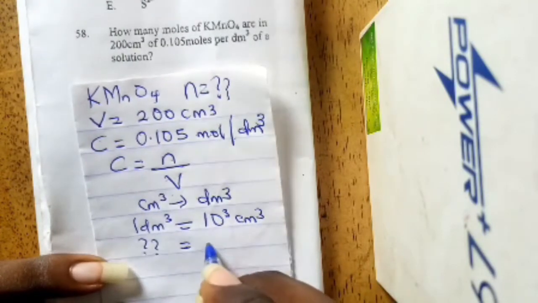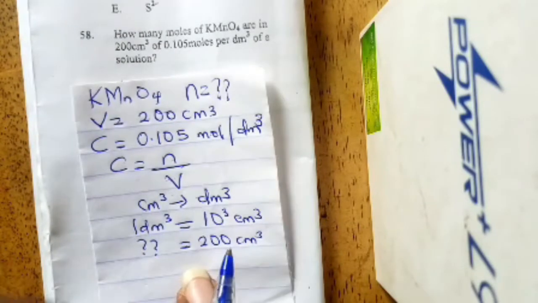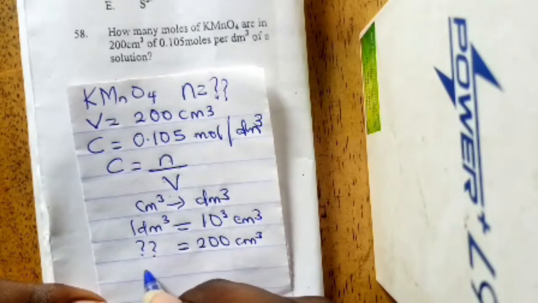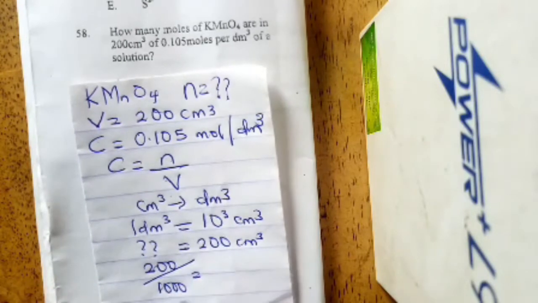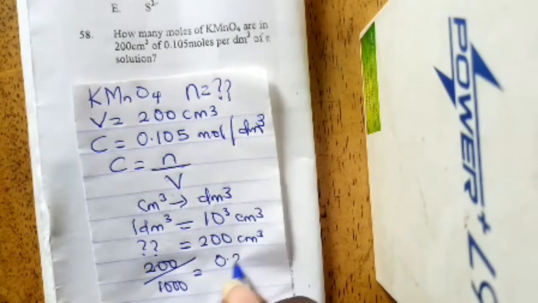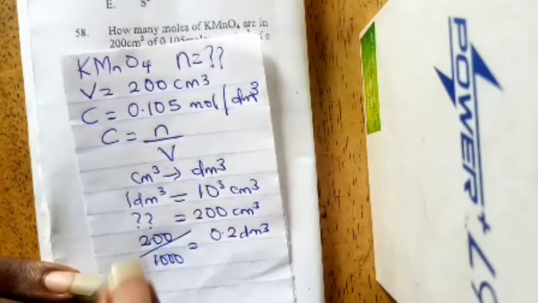So how many dm cube will give us 200 cm cube? That will just be 200 over 1000, which gives us 0.2 dm cube.